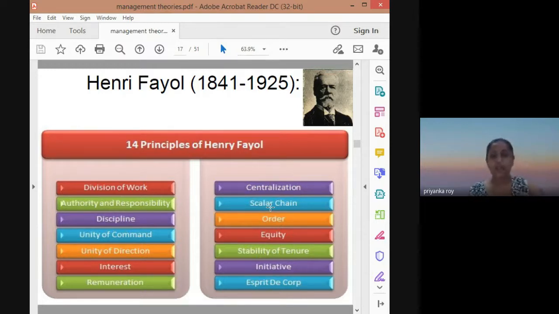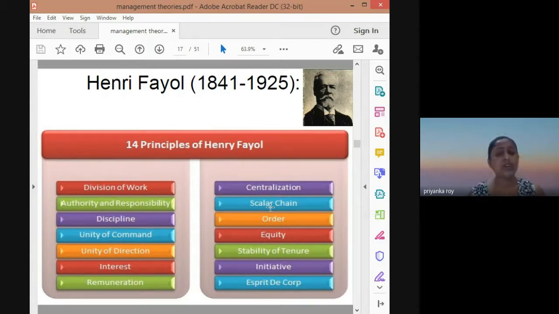Then he says there is remuneration of personnel, meaning you have to remunerate the personnel. The principle says there should be both monetary and non-monetary remuneration based on performance level to create a bond between employees and the organization.